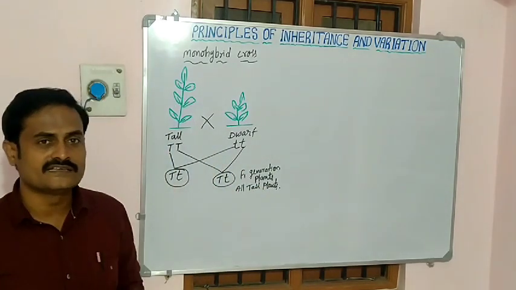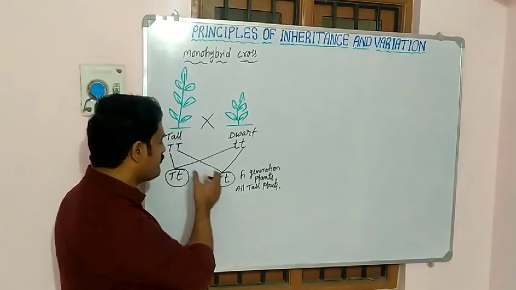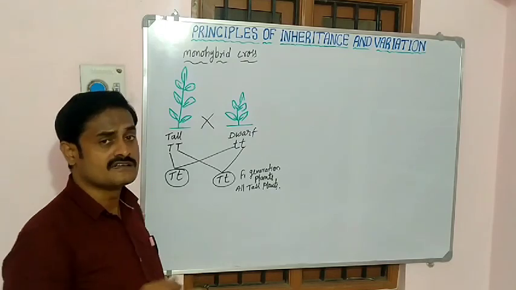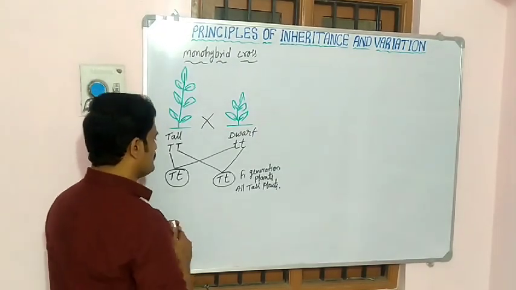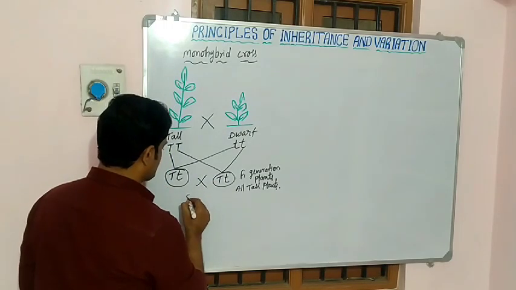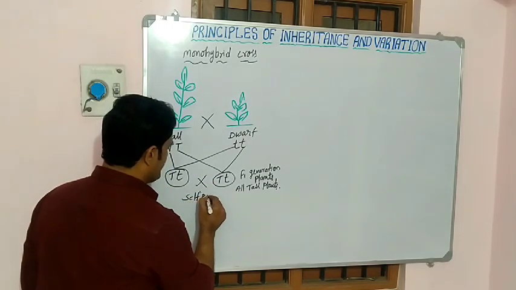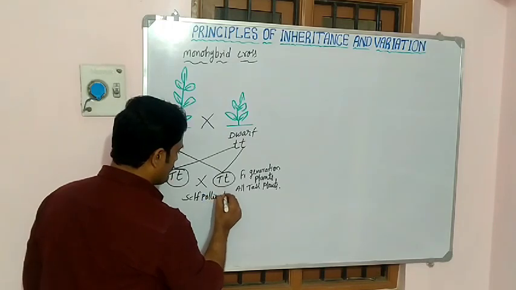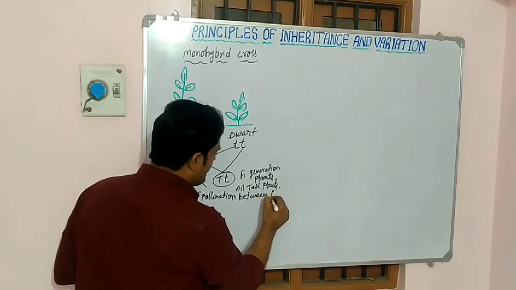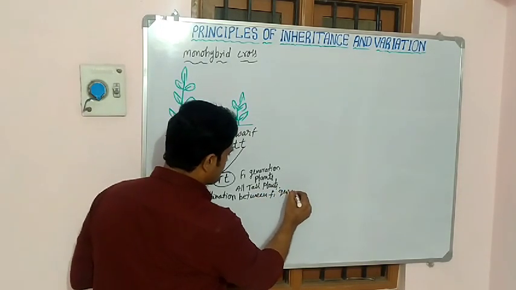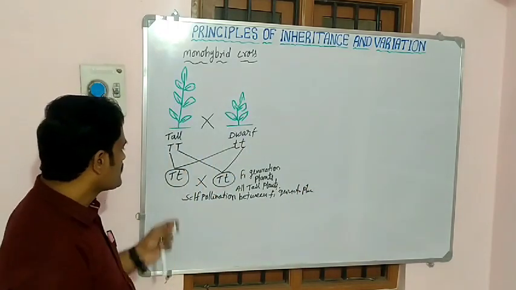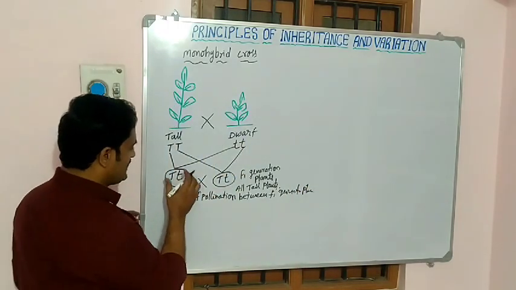Again Mendel chose the F1 generation plants and conducted self-pollination between them. What are the F1 generation plants?